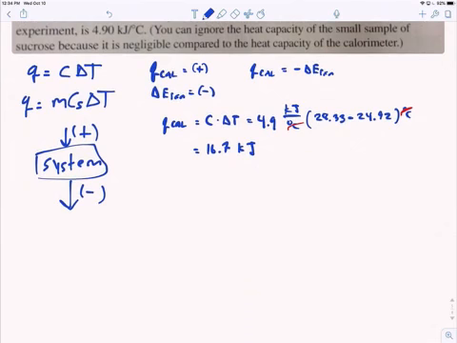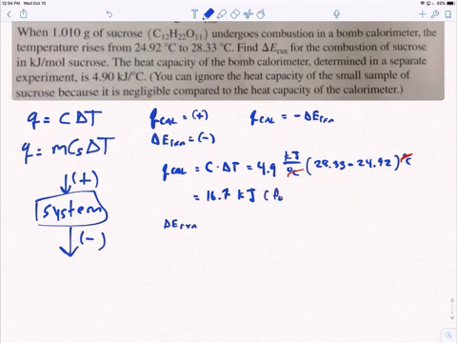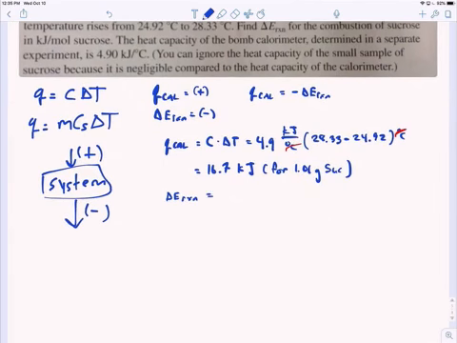Okay, so now we're going to apply this relationship and the delta E reaction. I should also say this is for 1.01 grams of sucrose. Delta E reaction equals negative 16.7 kilojoules per 1.01 grams of sucrose.